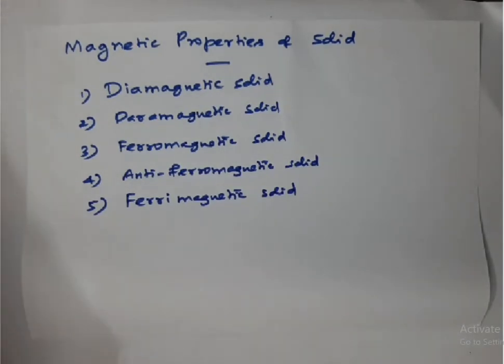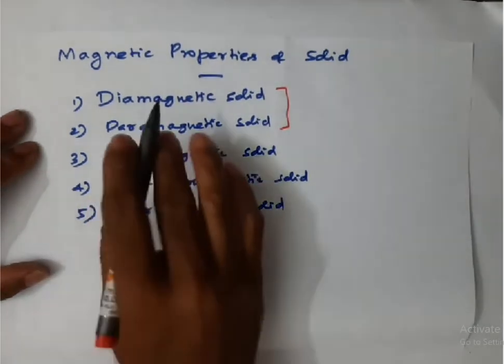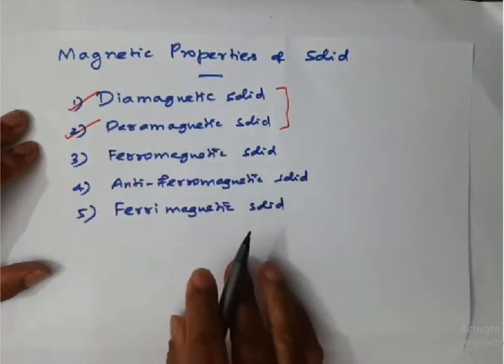Last class we discussed these two, diamagnetic and paramagnetic.